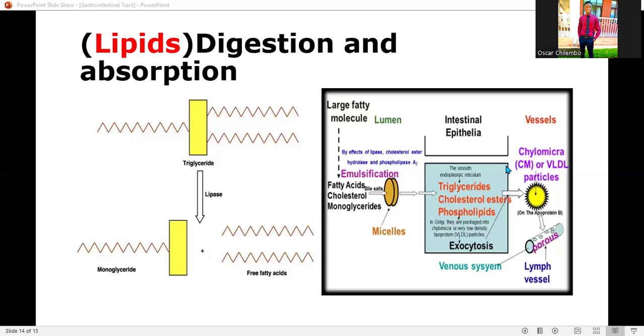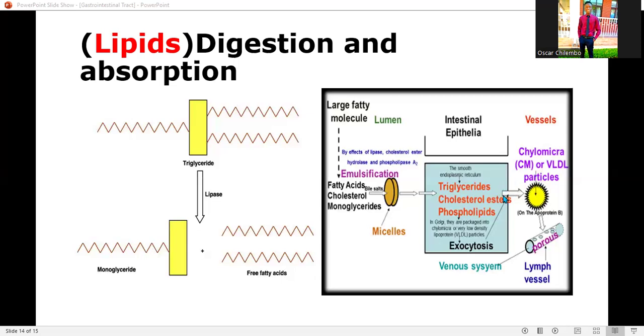They cannot bypass the basolateral membrane going into the interstitial cells. So how are they going to move from the enterocyte into the interstitial cells? They are going to use the process of exocytosis.